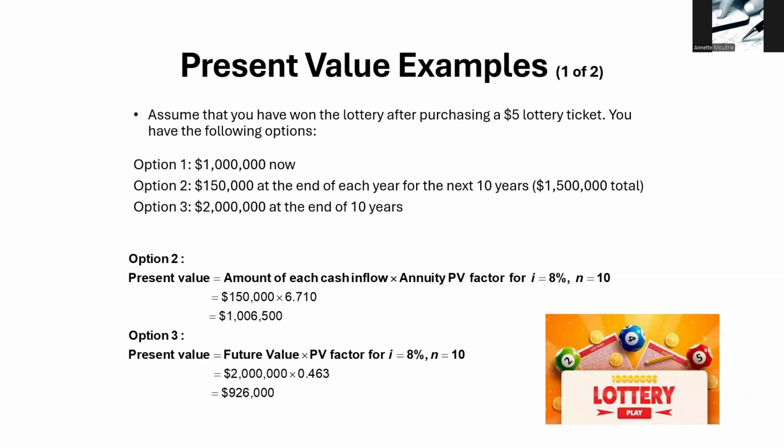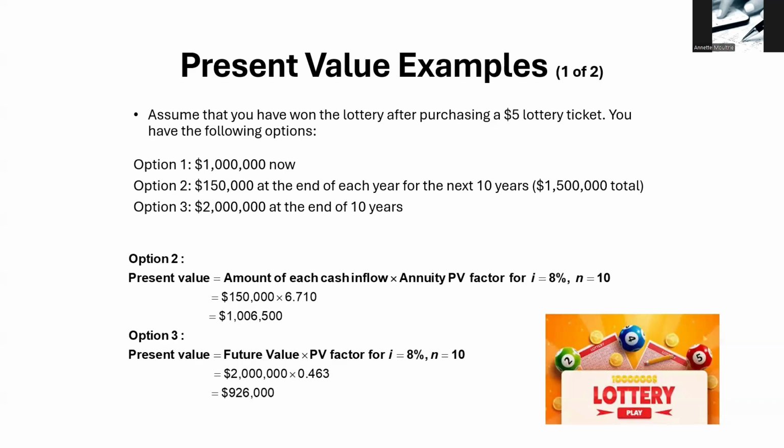Comparing these 3 options is like comparing apples to oranges. We just cannot do it unless we find some common basis for comparison. So our common basis for comparison will be the prize money's worth at a certain point in time, namely today.